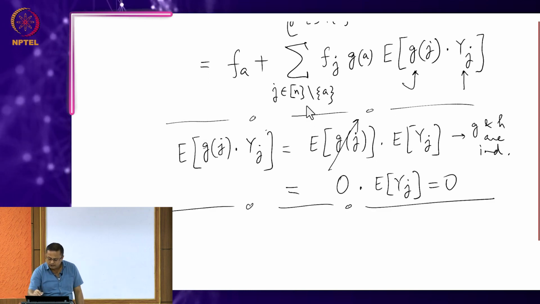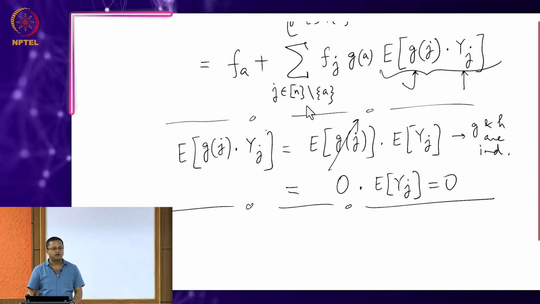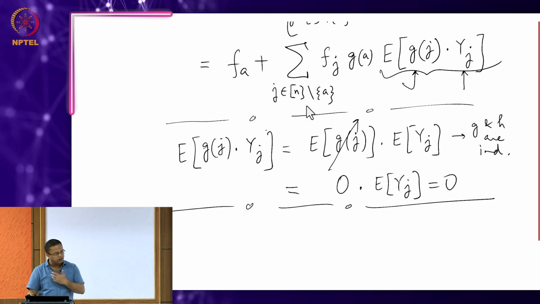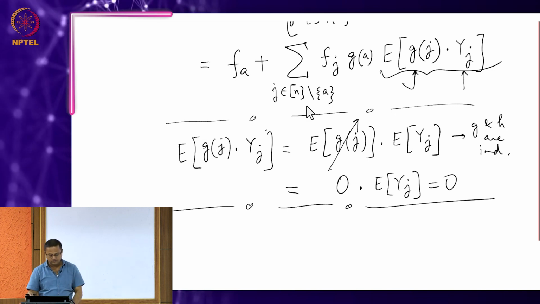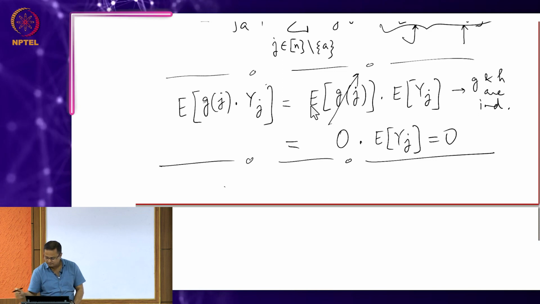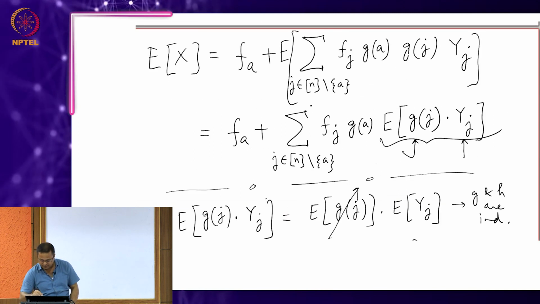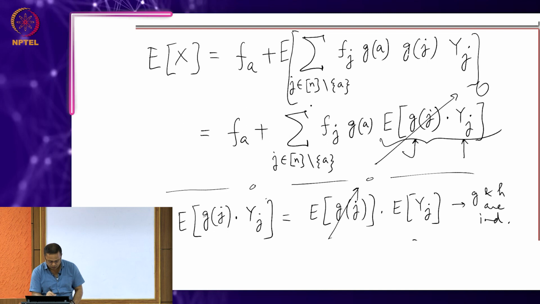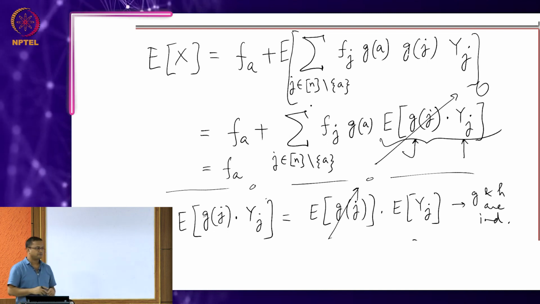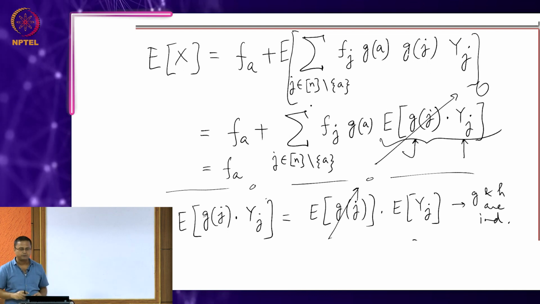So, that means each such product is 0. So, the entire sum is 0. So, this entire thing goes to 0. So, what you land up with is fA. So, this is an unbiased estimator.